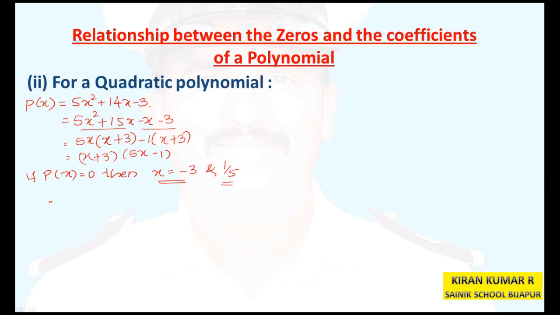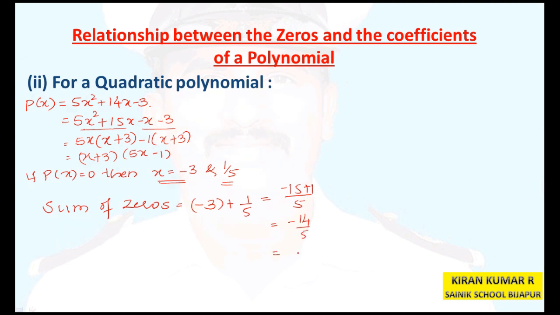Let us now find out sum of zeros. Sum of zeros in this case is minus 3 added to 1 by 5. Let's simplify. LCM is 5. We get minus 15 plus 1, which is minus 14 upon 5.